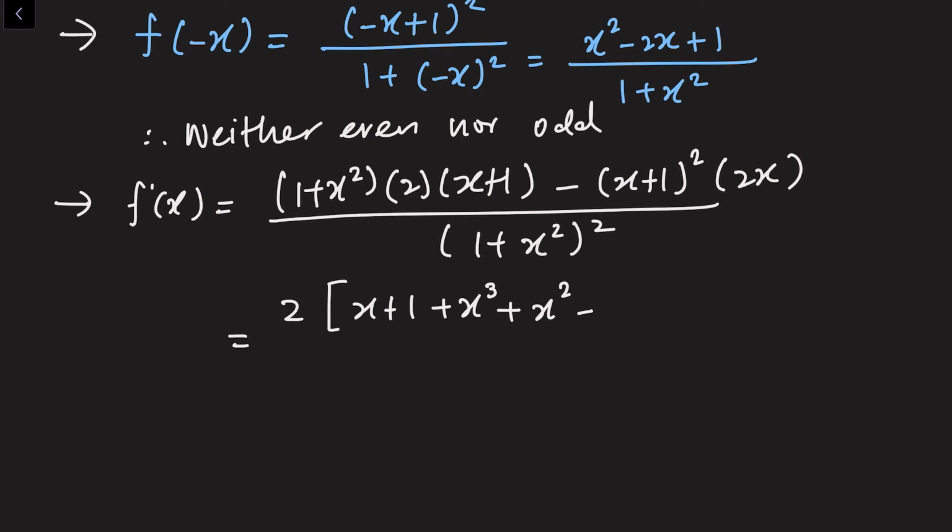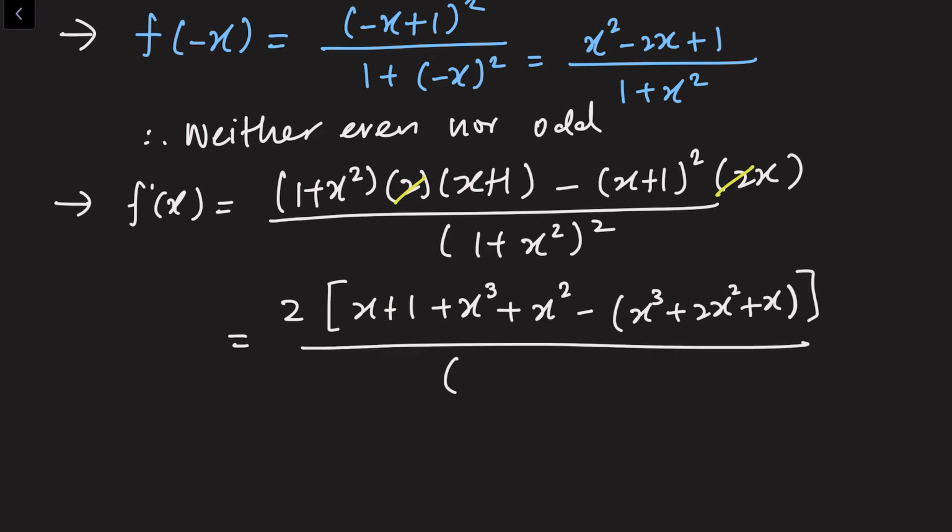Then you expand this one, you get x squared plus 2x plus 1. You multiply with x again, you increase every power by 1: x cubed, x squared, then plus x. Close the bracket, then this one don't touch.